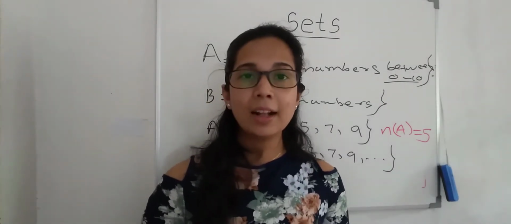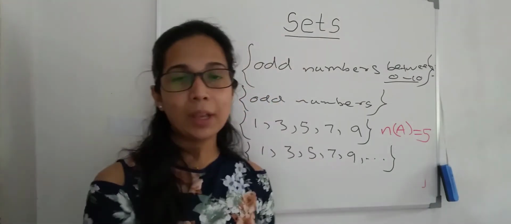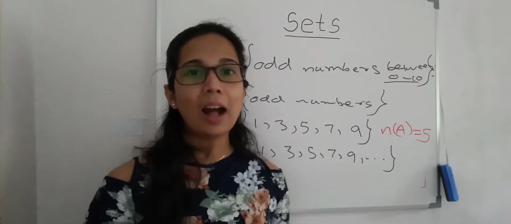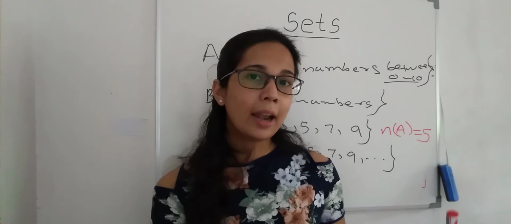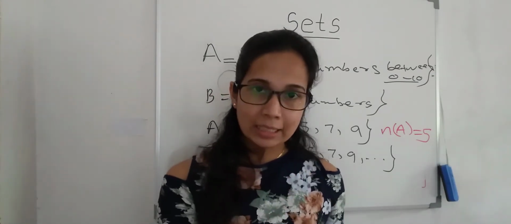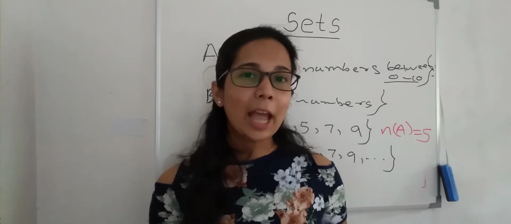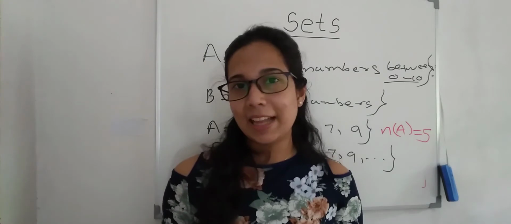Because of that, we can't count the numbers of the elements in the set B. Because of that, these kinds of sets we know as how? Infinite sets. Okay, now you can identify what are the finite sets and what are the infinite sets. Okay, now we can move to identify equal sets and equivalent sets.